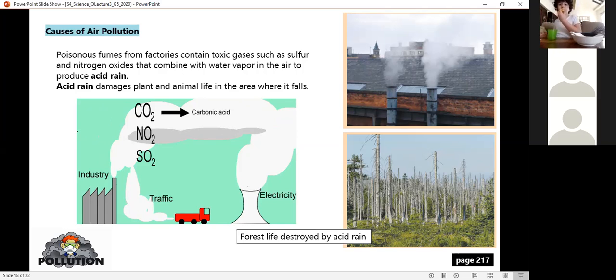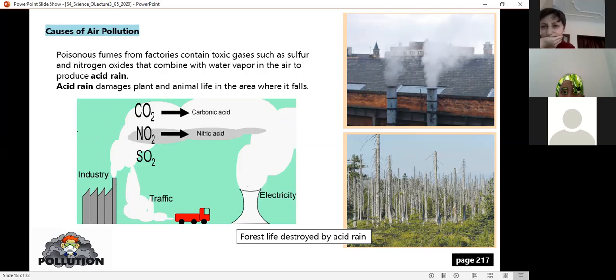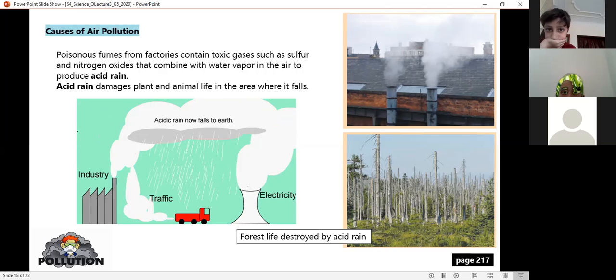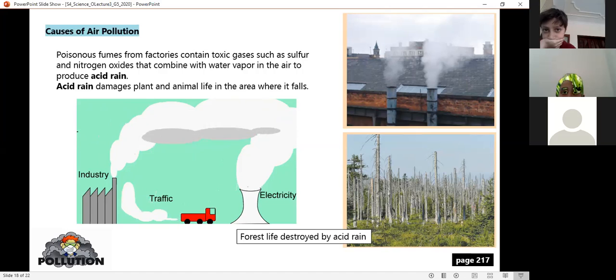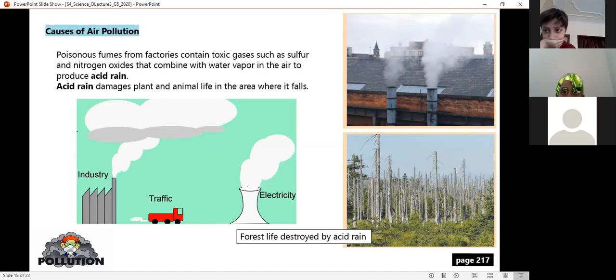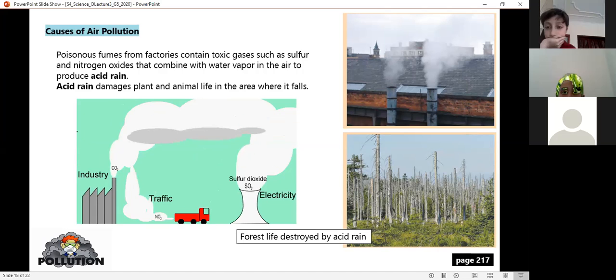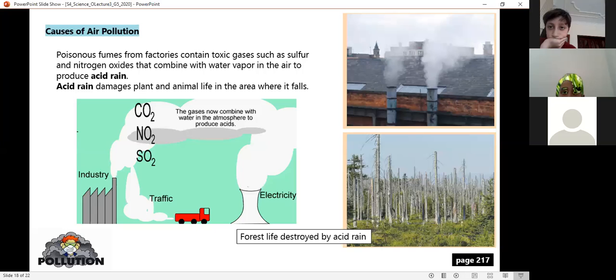After this, when it rains, the rain will hold the harmful gases with it. That's what we call acid rain.